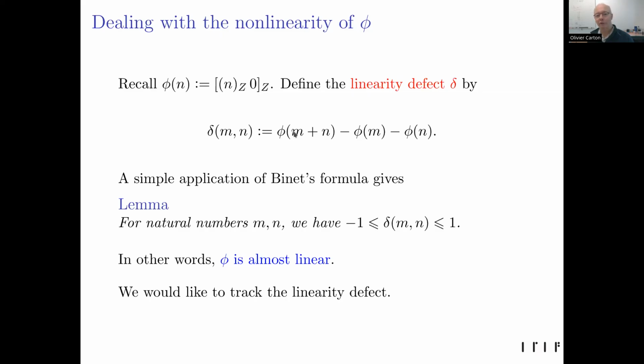We look at the difference between phi of m plus n and phi of m plus phi of n, and actually, it's just an application of Binet's formula that you can check that this linearity defect is always between -1 and 1. So it only takes 3 values, -1, 0, and 1. This is a small value. This is why we say that phi is almost linear. Actually, you can see that little phi is almost multiplying by the golden mean. This is why the linearity defect remains small.